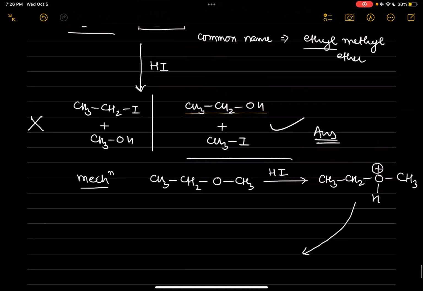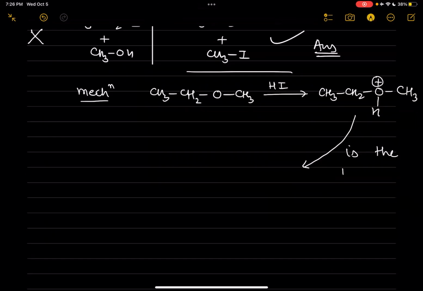SN1 can happen only if you have a highly branched carbocation. That's my question. If you have any question in the examination, you are going to ask yourself this question only. Then only you will be able to solve it.